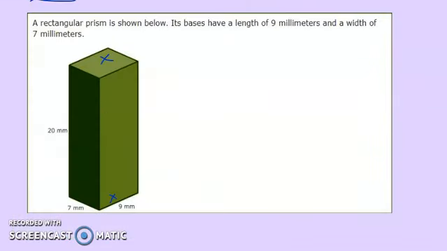If you take a look at this rectangular prism, you can count the number of faces. There are 6 faces. Out of the 6 faces, the front and the back are equal in area. Similarly, the top and the bottom are also equal in area.